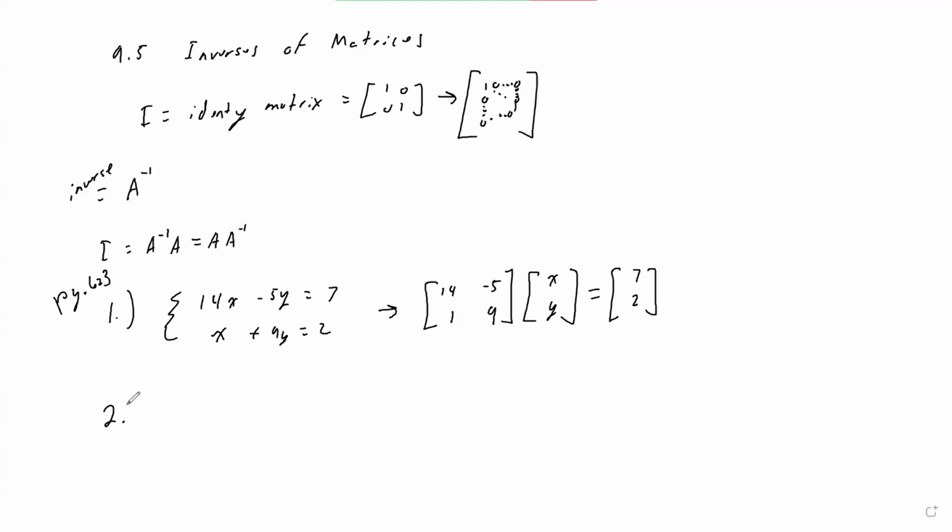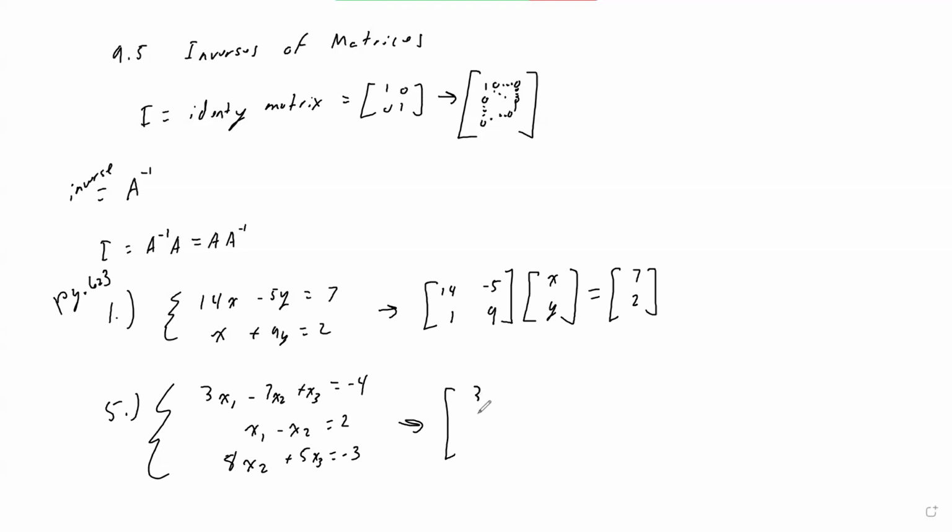So if you look at number 5, we have 3x1 minus 7x2 plus x3 equals negative 4. And then we have x1 minus x2 equals 2. And 8x2 plus 5x3 equals negative 3.